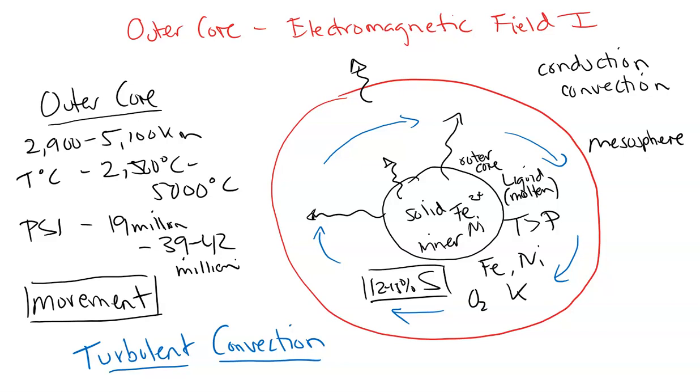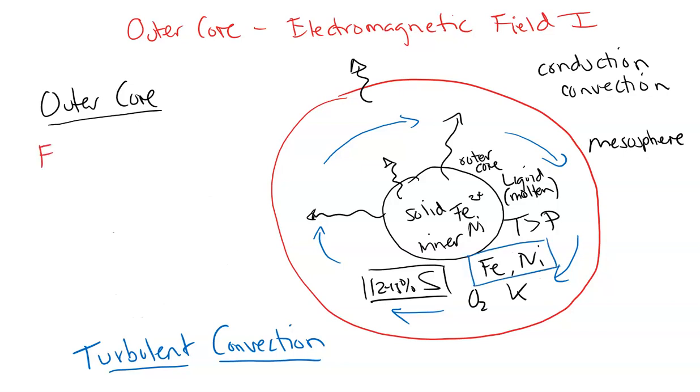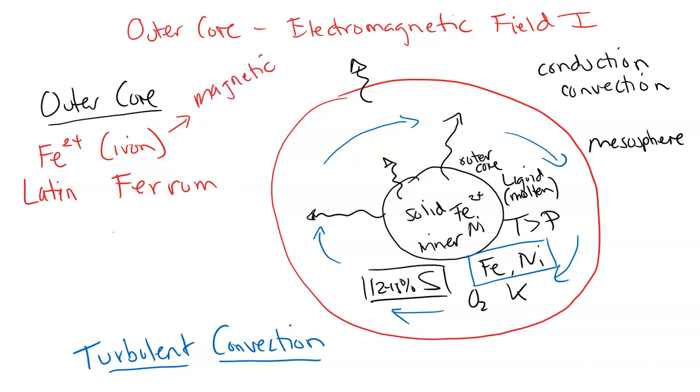The composition. Let's take iron and nickel. So iron is right here. Now, why is it called Fe? Well, the Latin origin of the word iron is ferrum. And iron is the most common, most well-known naturally magnetic element.